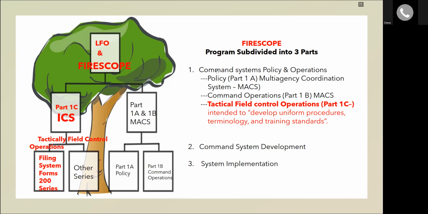Tonight, we're not going to look at all of those. We're going to focus in on tactical field control operations under part 1, and they call it part C. On the diagram, you see the Large Fire Organization and FireScope birth part 1C, as a part of the ICS, and that was part of the tactical field control operations. Next slide, please.